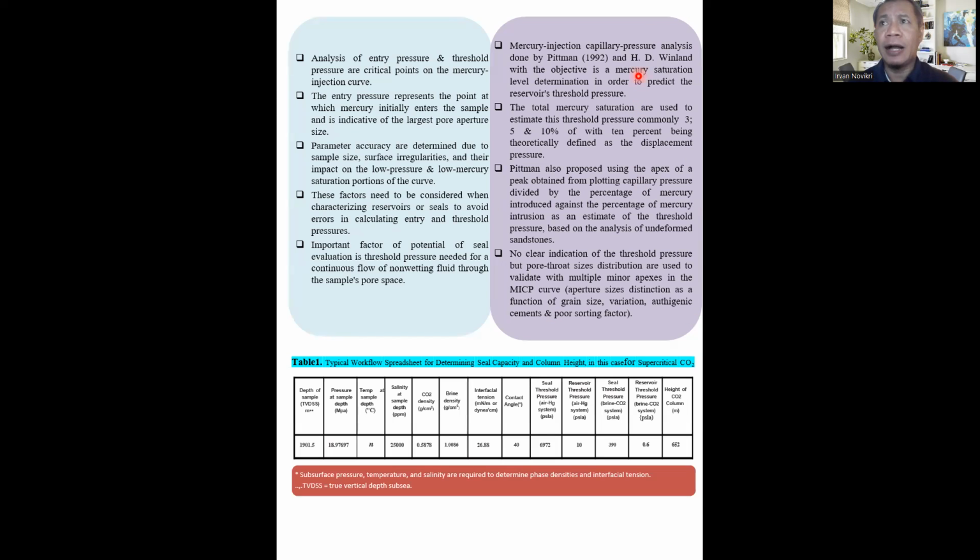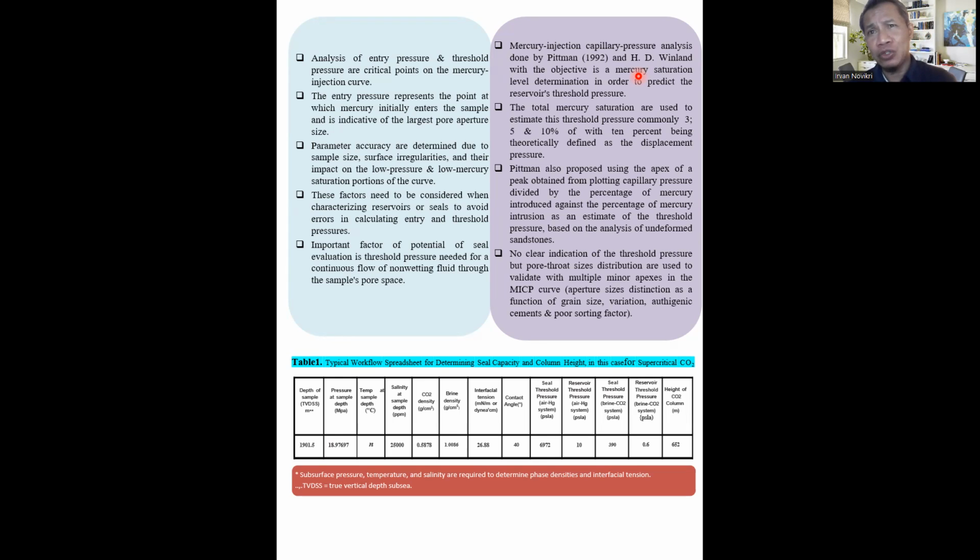1992 and Winland have proposed using different percentages of mercury saturation to predict the threshold pressure. Commonly, 3, 5, or 10% of the total mercury saturation is used for this purpose, with the 10% being theoretically defined as a displacement pressure.